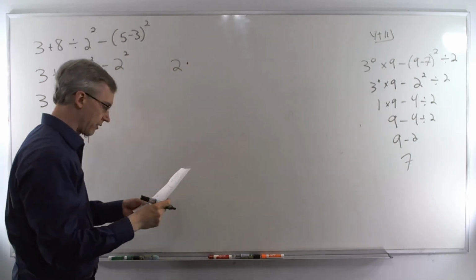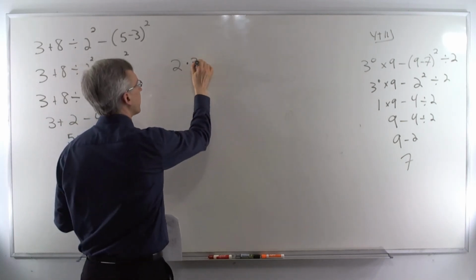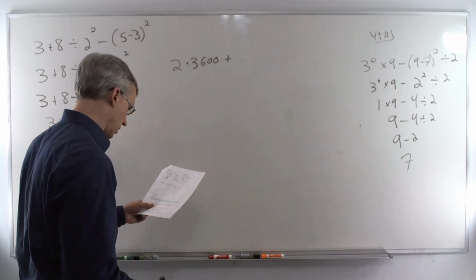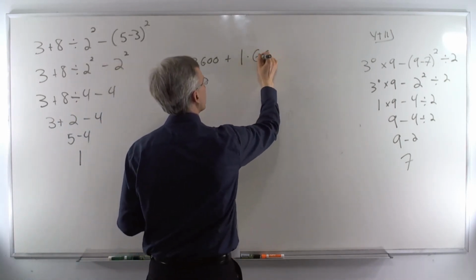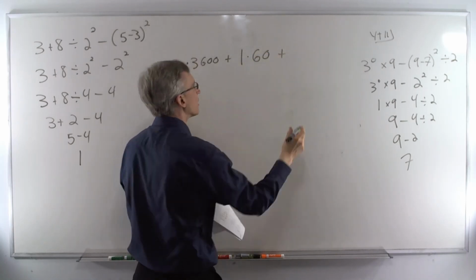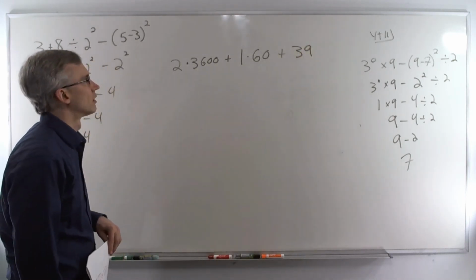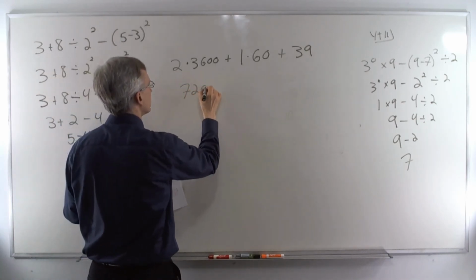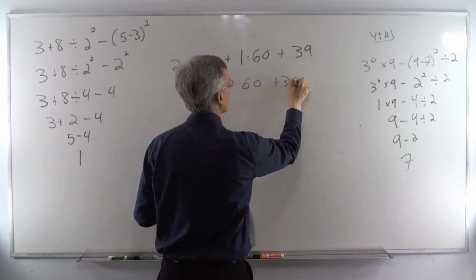All right, so we've got 2 hours. And to figure out how many seconds that is, we're going to multiply by 3,600. All right, 1 minute, and there's 60 seconds in a minute, so 1 times 60, and then finally 39 seconds. 2 times 3,600, that is 7,200. 1 times 60 is 60, and we got 39.